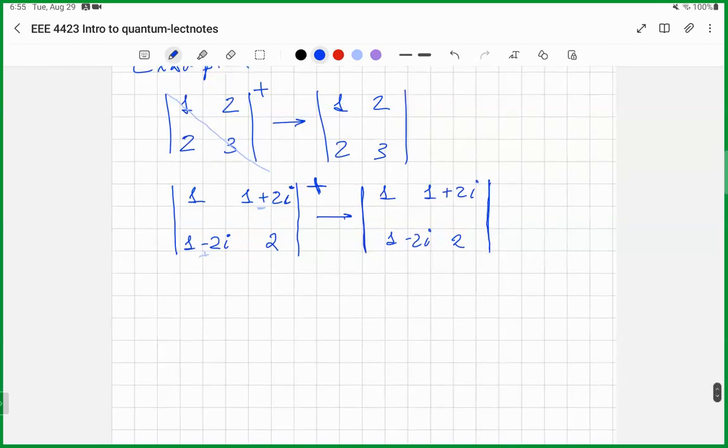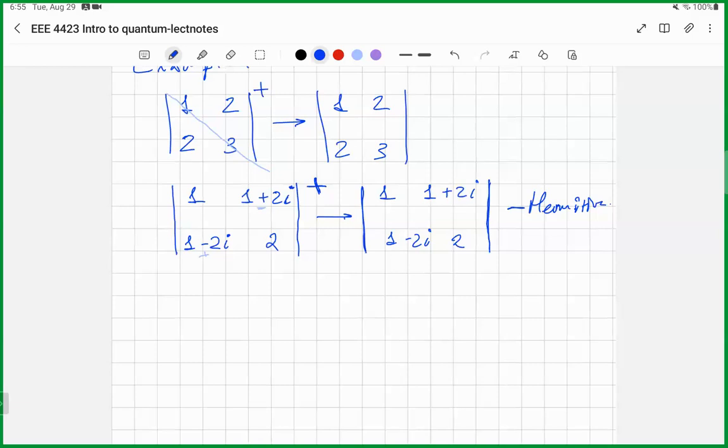One can figure out many matrices like this, or even more interesting matrices that also don't change after Hermitian conjugation. So this matrix is a Hermitian matrix.